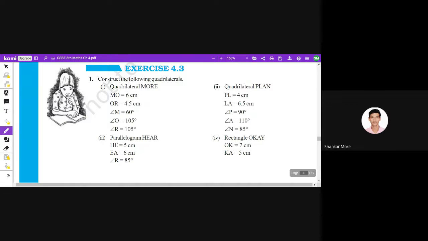Fourth one, मैं fourth one के लिए बोल रहा हूँ. हमें एक रेक्टेंगल ड्रॉ करना है ओके, और उसमें OK should be 7 centimeter and KA should be 5 centimeter. So what about the angles? Any suggestions or किसी को कुछ idea है कि how we are going to do this? I'm talking about the fourth one, students, this one, if you're not able to see.